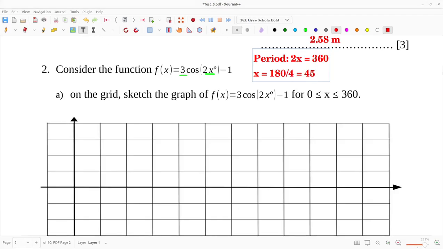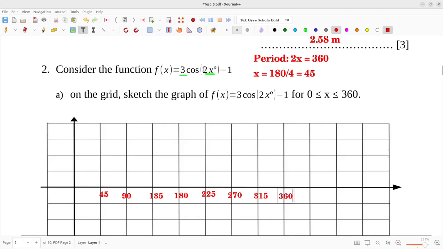Now let's put that here. We have 45, 90, 135, 180, 225, 270, 315, then 360.